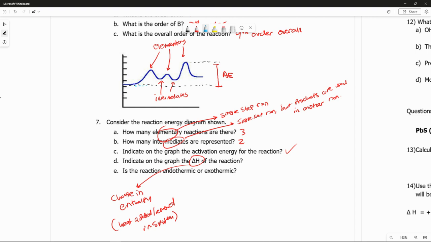The starting point is there, and the ending point is here. So this right here is going to be our delta H, and we have indicated it on the graph. From our delta H, we started with this much energy, and we slightly went up to this point for the energy. That means that we have heat entering the system, therefore it is endothermic.